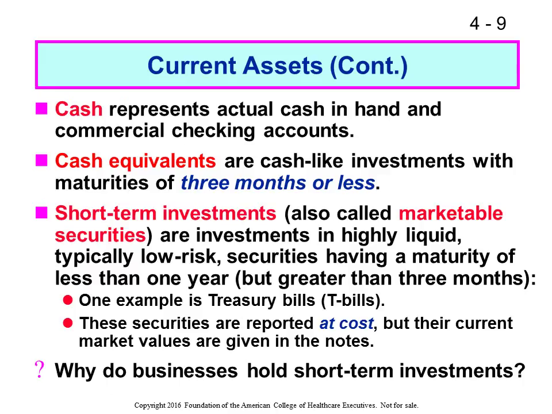Cash is pretty much anything that's actually in hand, or it may be just a regular commercial checking account. Short-term investments, slide number 9, are usually investments that have a maturation date of less than a year but greater than 3 months. So these are things that you're going to pay out within a year.